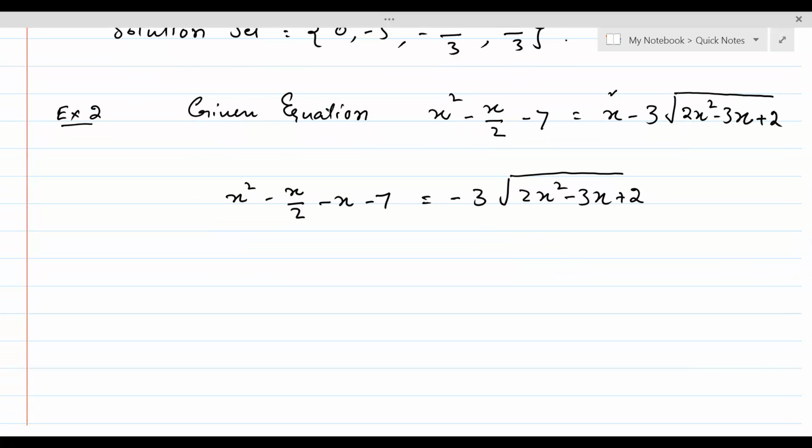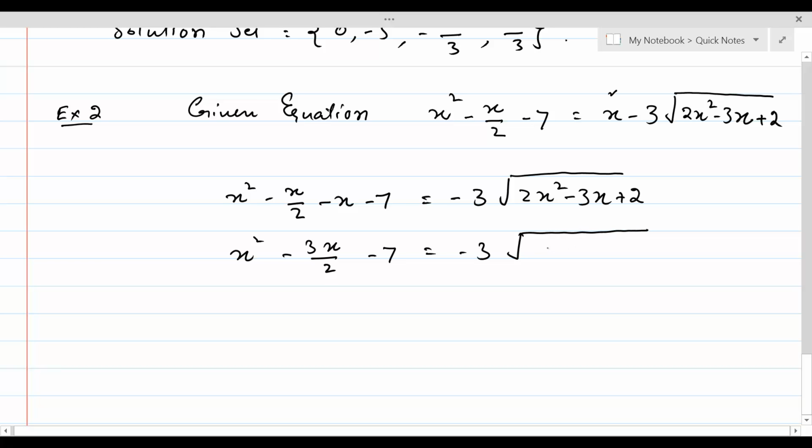Initially, we know that whatever is in the square root, we want the same thing outside as first two terms, so that when we replace this square root expression equal to y, this might be equal to y square. Let's have this added: x square minus 3x by 2 minus 7 is equal to minus 3 times square root of 2x square minus 3x plus 2.